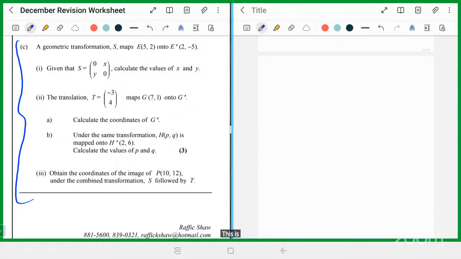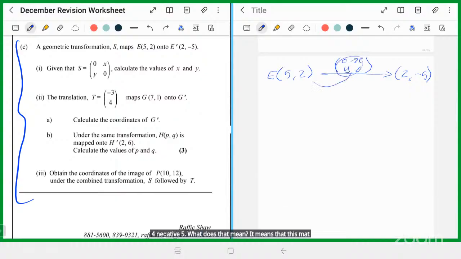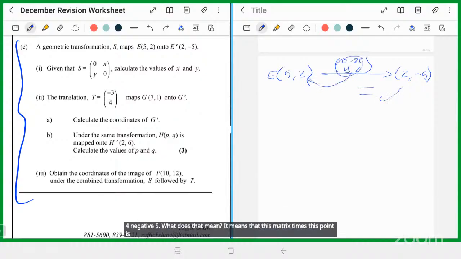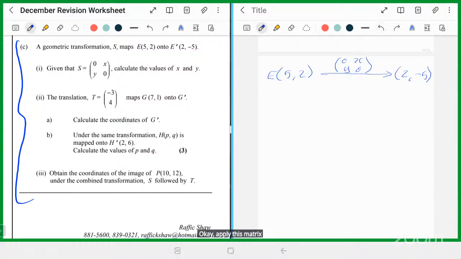This is it. The point (5, 2) is mapped by the matrix (0 x; y 0) onto the point (2, negative 5). What does that mean? It means that this matrix times this point is equal to that point. Okay, apply this matrix to this point.